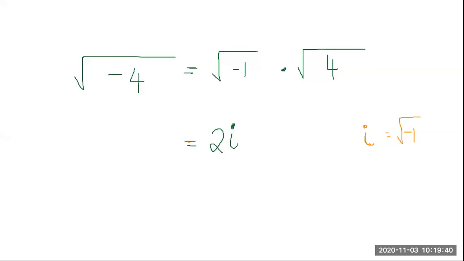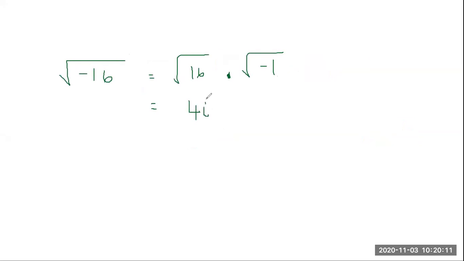Let's do one more example and then we'll go through a full question. So if I have the square root of -16, I'm going to go ahead and split this into the square root of 16 positive and the square root of -1. Then the square root of 16 is 4, it's a perfect square, and the square root of -1 is I. So my answer is 4I.